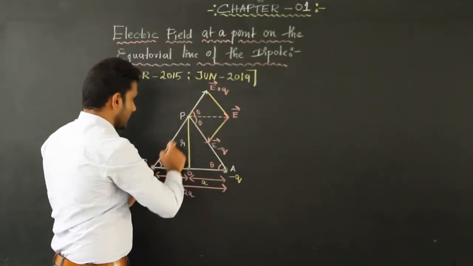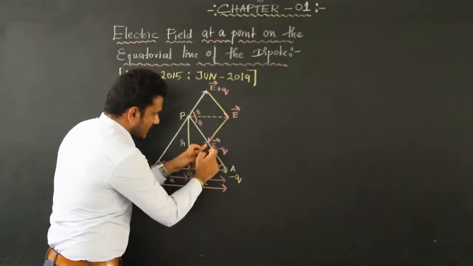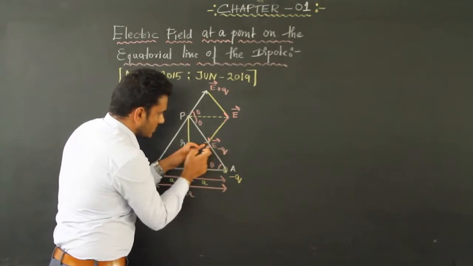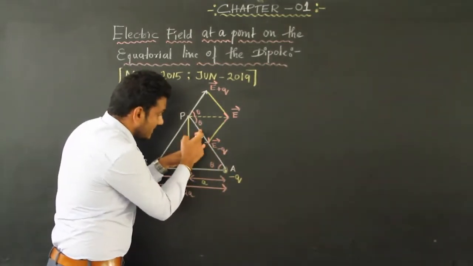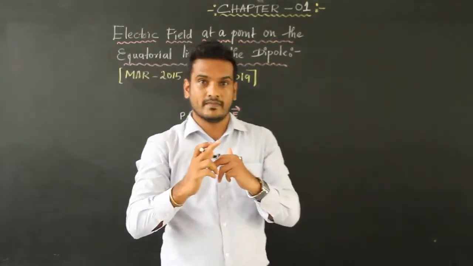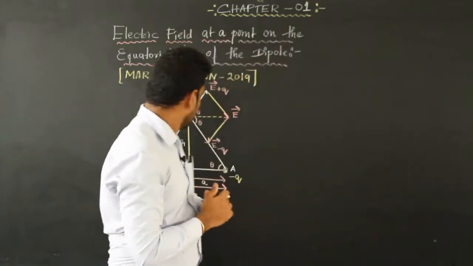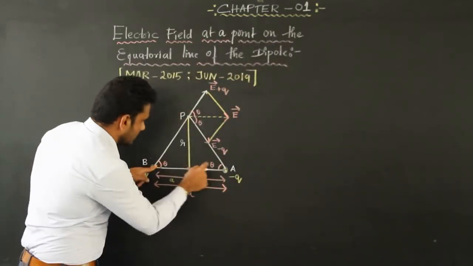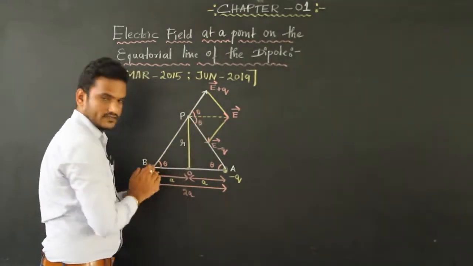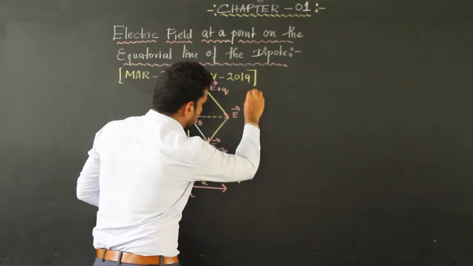This is the electric field at a point P due to the negative charge, E minus Q. Look at the direction. It is directed inwards. When it becomes outwards and inwards, we learnt in the last class itself. This is the angle. These two are the alternate angles to these two angles. Now let us start the derivation.